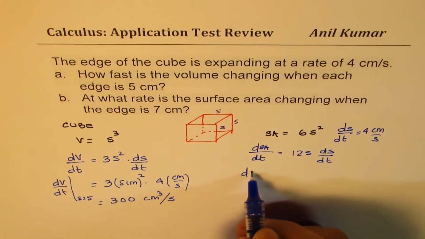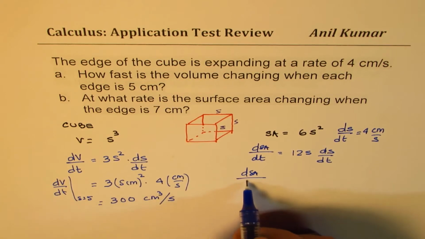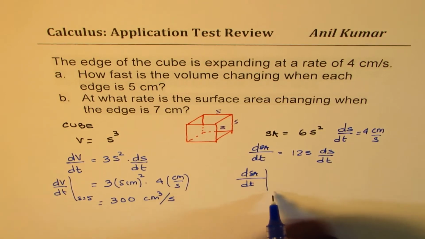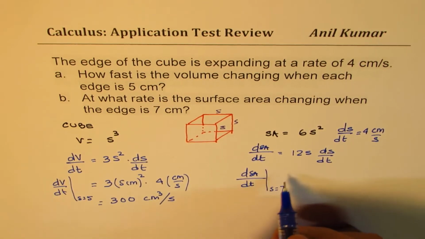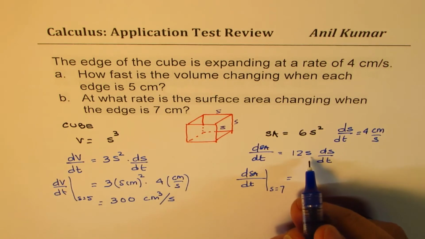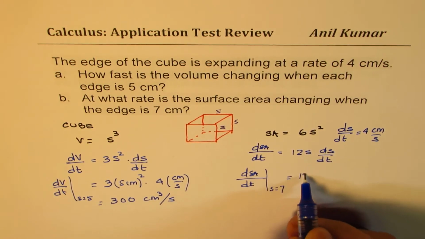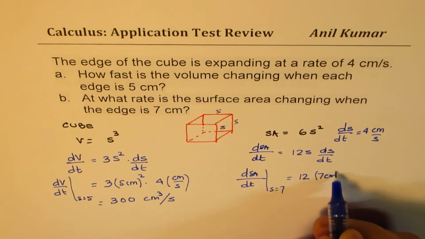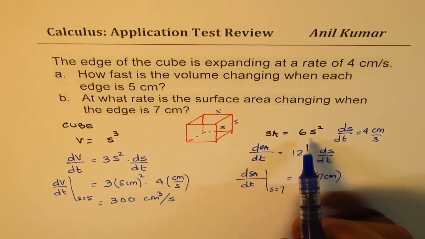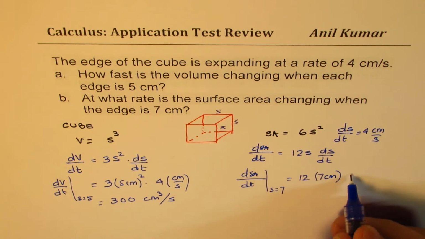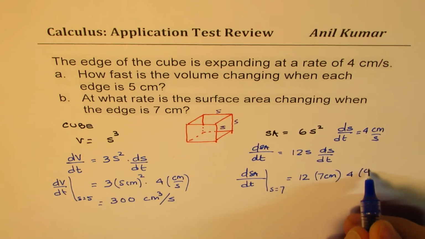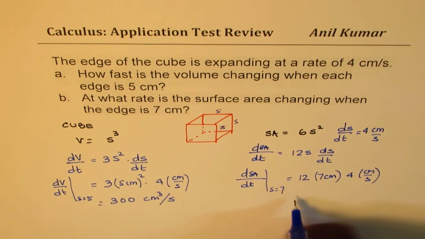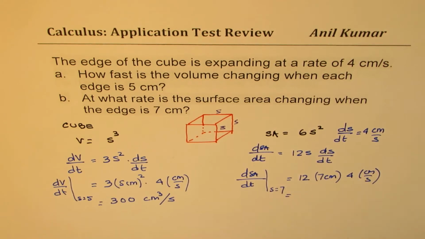And we want this surface area change with respect to time when S is 7 centimeters. So we'll substitute that value now here. So we get 12, S is 7 centimeters, dS dt is given to us as 4 centimeters per second, correct?